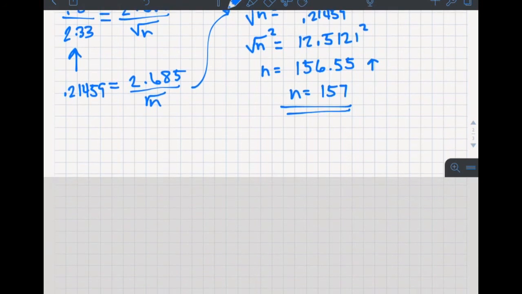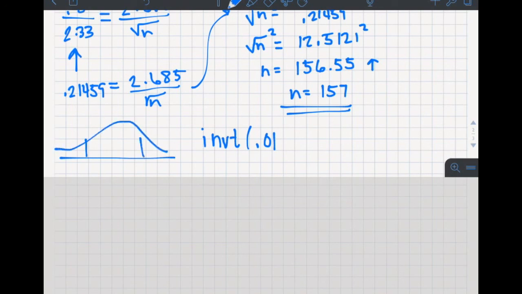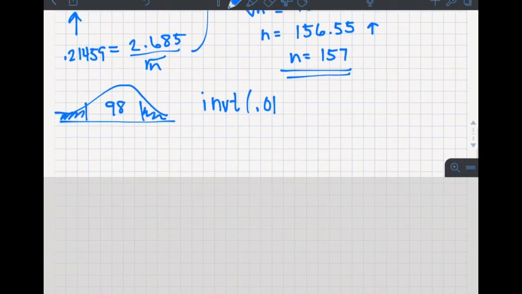I could type that in, and if you actually did that, it would be this input. So inverse t, and we would use 0.01 because we're looking at 98% confidence. If you remember how we get that, if I talk about confidence, 98% is here. If I show you the areas, I want to know the critical value, what number would represent this t star right here, well, that would be where I have 1% at the bottom or 99% at the top.